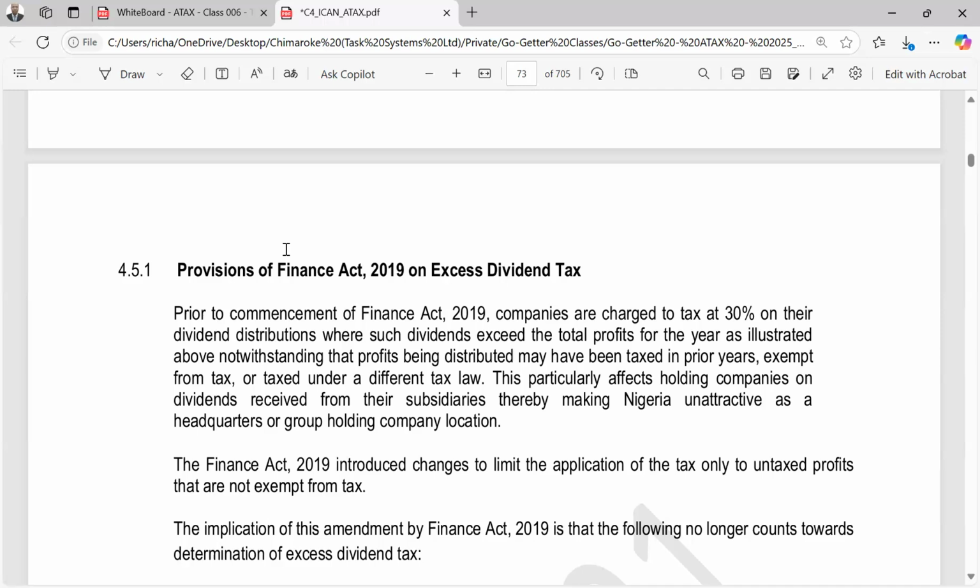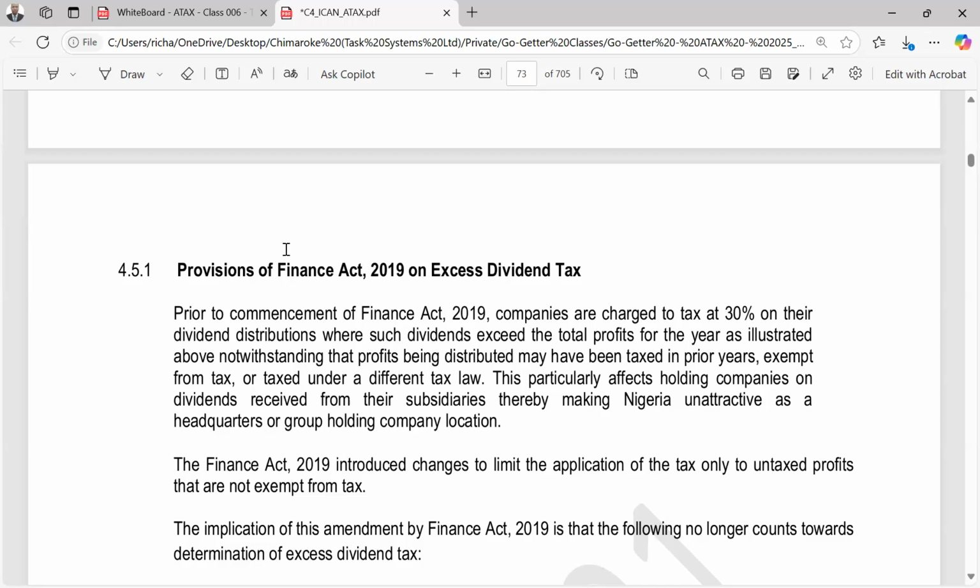Or they may have escaped tax because of the countries' financial or tax laws. But when it comes to Nigeria, as long as the total profits are being shared out as dividends, it becomes taxable.